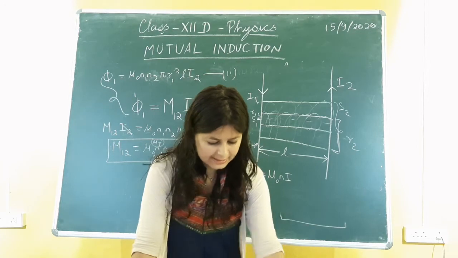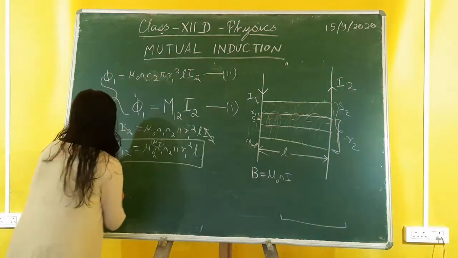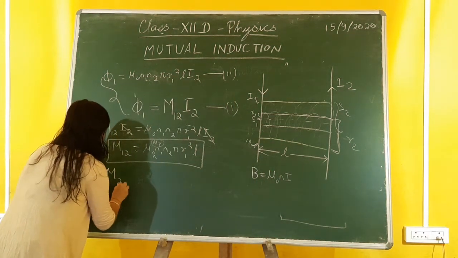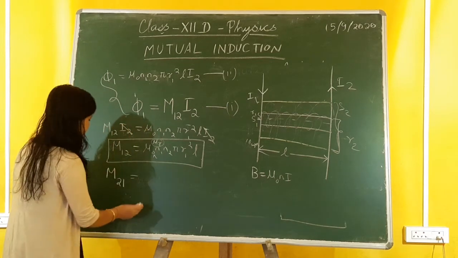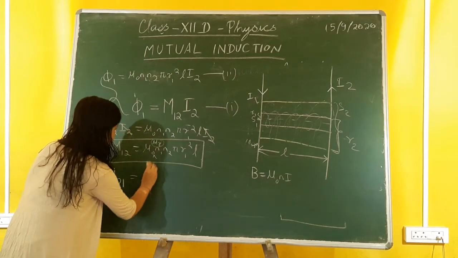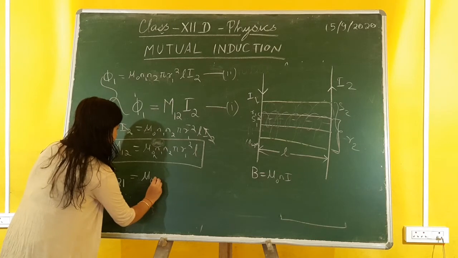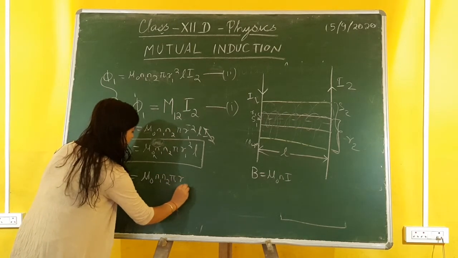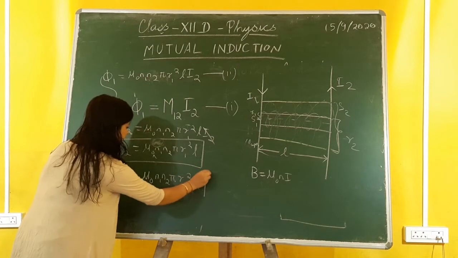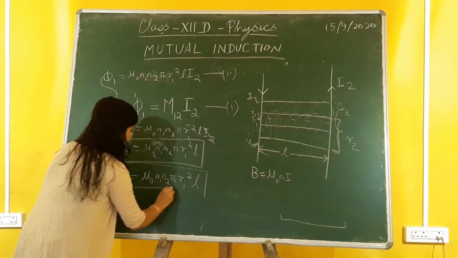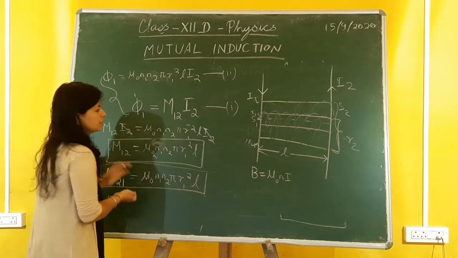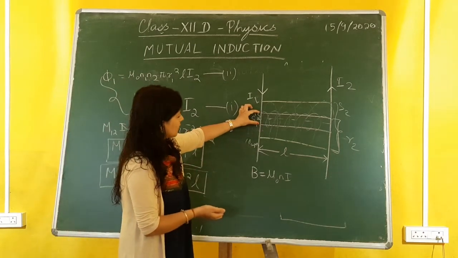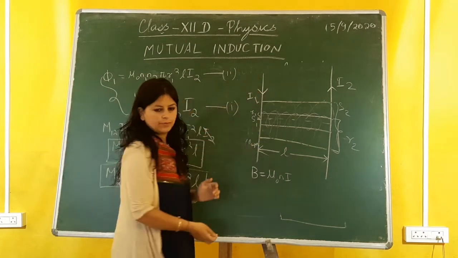Therefore, you will get the mutual inductance of the second coil, doing all the deduction as we have done previously. Again mu naught, if it is vacuum, mu naught N1 N2 pi R1 square into L. R1 because the magnetic flux due to S1 is confined in S1 only, so we are not taking this R2, okay.